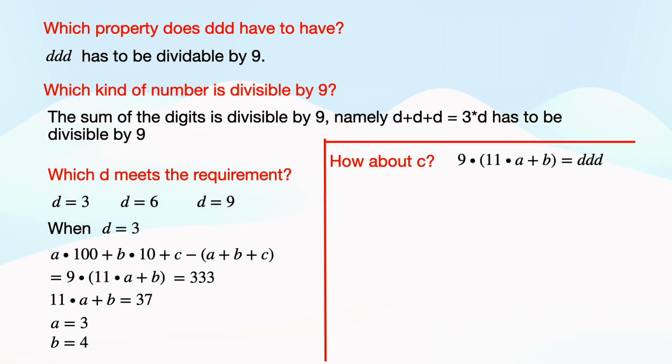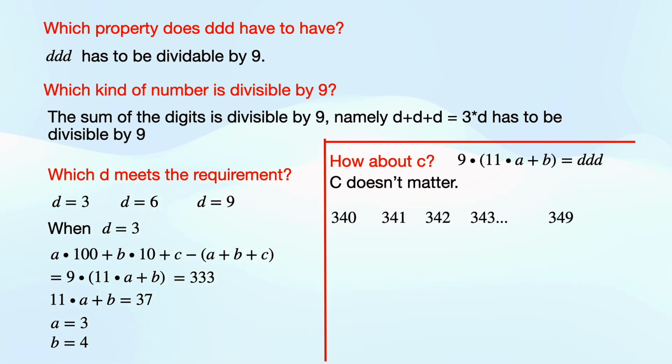In this equation, there's no c, so c actually doesn't matter. No matter which c, only when a and b meet this condition, the condition is already met. So all numbers from 340 to 349 will satisfy the condition.